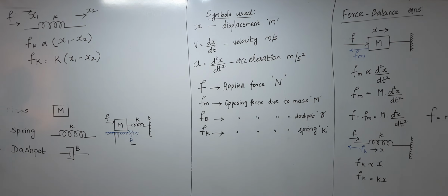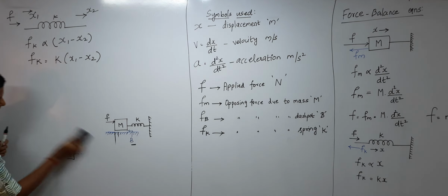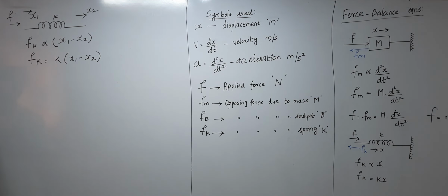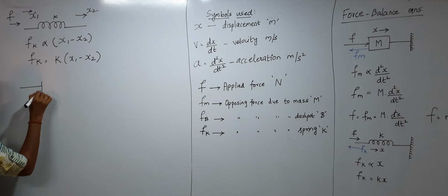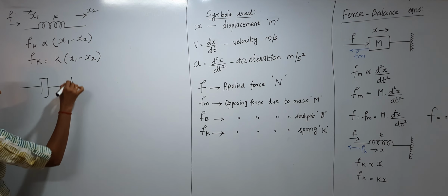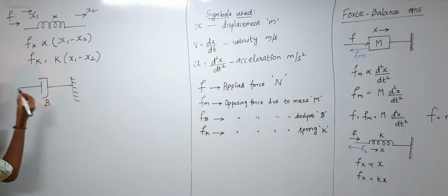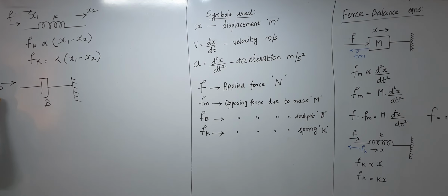And the last one is the dashpot. Just consider a dashpot here, connected to some reference point. It is represented by the letter B, and the given force is F. Automatically the opposing force produced by the dashpot will be in the opposite direction.